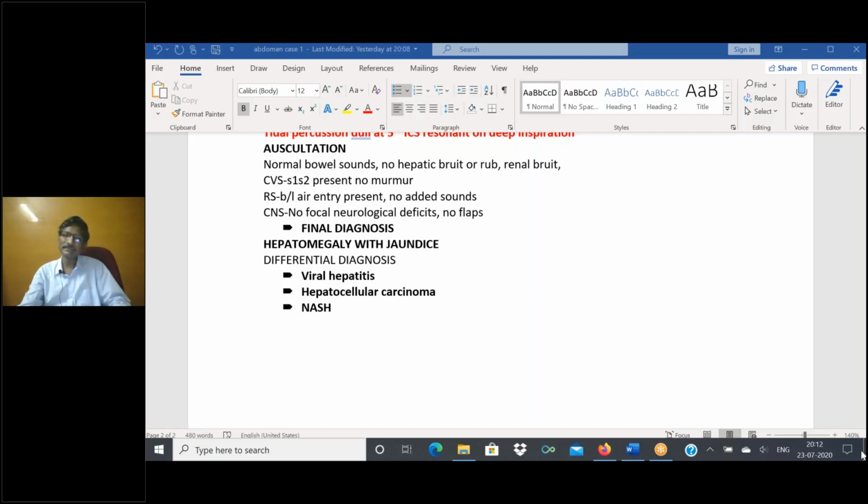See, what are the findings which are required to tell it's HCC? When you tell HCC, there are certain findings which should be present. Without that, telling HCC is not that correct, at least clinically. What are the physical findings which you expect in an HCC examination? Very good. Hepatic bruit.